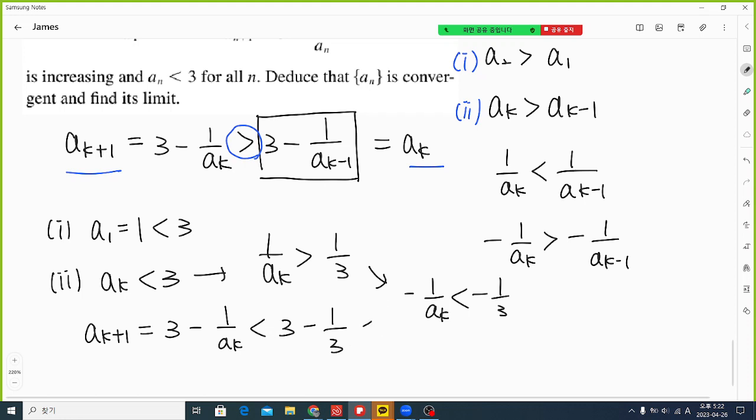So once again, because 3 minus 1 over 3 is less than 3, we just showed that the ak plus 1 term is also less than 3. So in such a case, it's always the case that the sequence is less than 3.